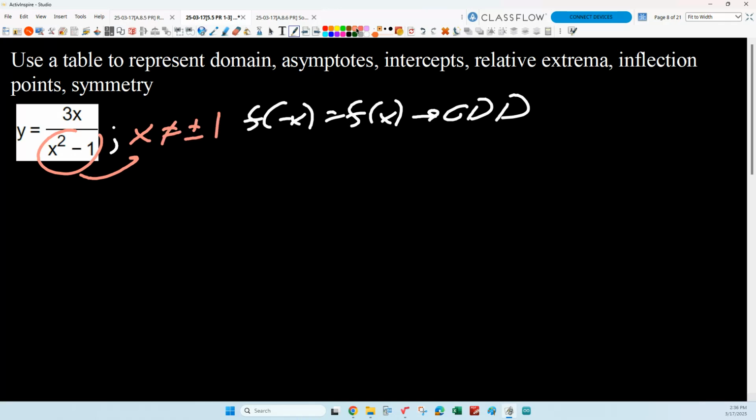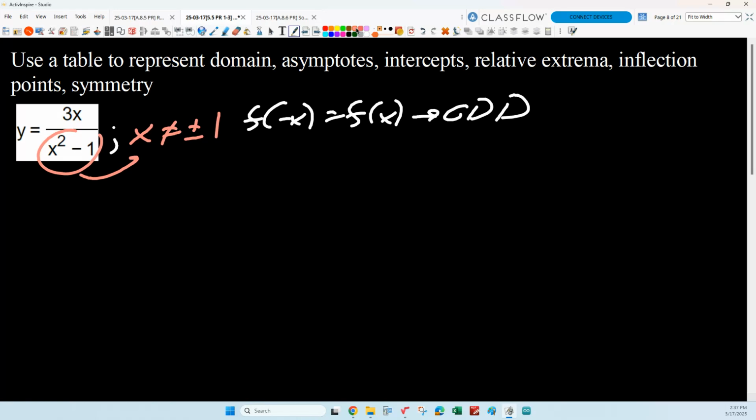Okay, what's going on at those places? Plus or minus 1. Only two possibilities if you have a 0 in the denominator. Either it's a hole or an asymptote, right? Which one is it? How do you know if it's a vertical asymptote? Vertical asymptotes occur at unique zeros of the denominator.